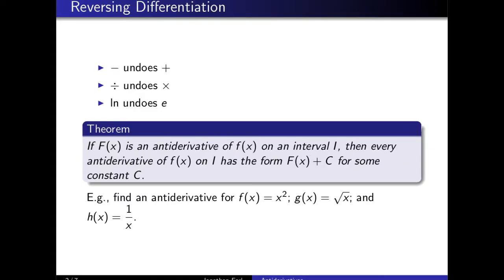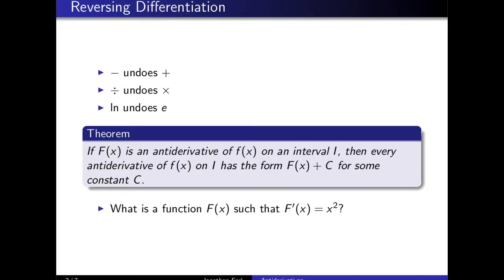Okay, so for example, we'd like to find some antiderivatives for these various functions. Another way that you could think about what we're doing here is we're playing Jeopardy. You're being told what the answer is and you're having to come up with the question effectively. So we're saying what function, when we take its derivative, gives us x squared, or square root of x, or 1 over x.